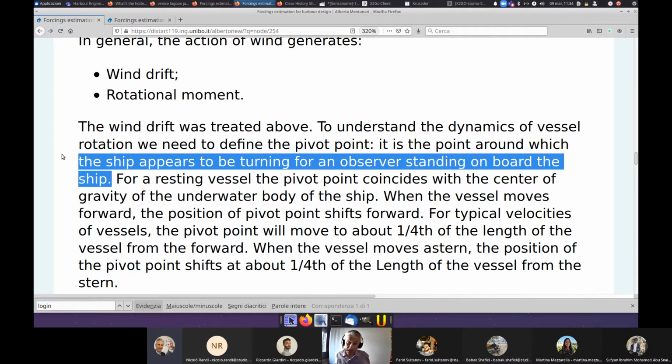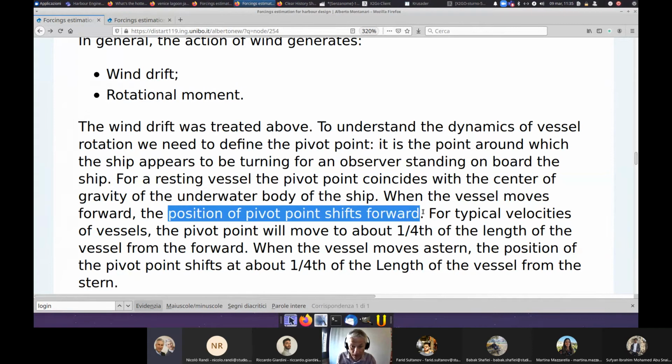But this is for a resting vessel. It's important to note that when the vessel moves, the pivot point moves as well, and it's no longer coincident with the center of gravity of the underwater body. In particular, when the vessel moves forward, the position of the pivot point shifts forward.